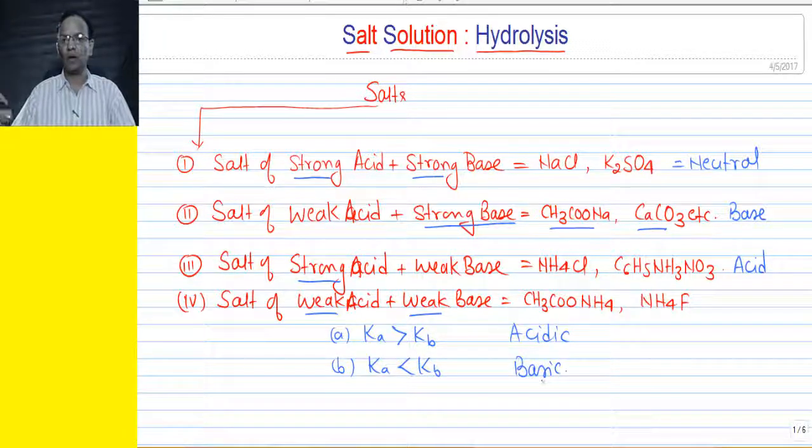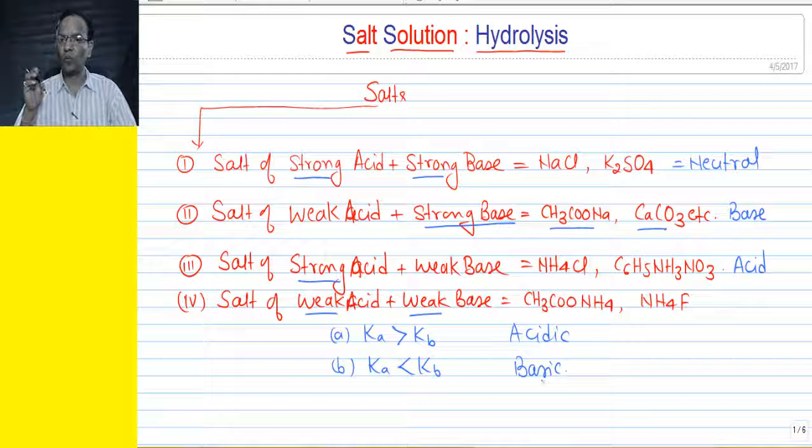The next step is quantitative: how do we determine how much acidic or basic a salt solution will be? For that purpose, we must know the hydrolysis reaction of salt. Salt hydrolyzes, reacts with water to produce either some excess of H plus or some excess of hydroxide ion, and that determines the nature of solution.